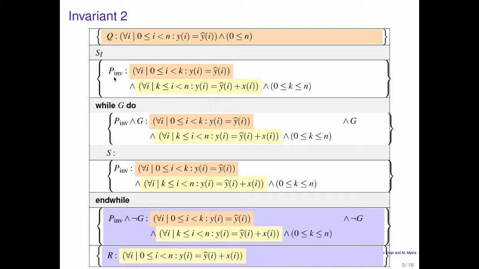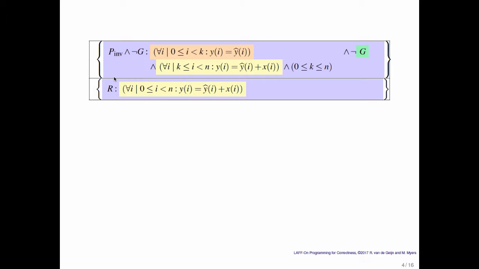So let's focus on how to come up with the loop guard, and the necessary information is highlighted here in the blue boxes. Notice that the purpose of the game is to come up with this loop guard G. Now we know that the loop invariant, together with the fact that the loop guard is false, must imply the postcondition.